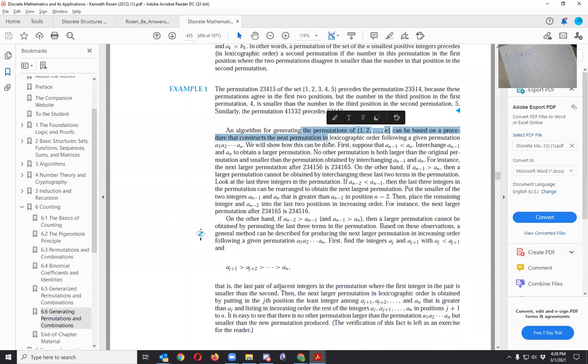Okay. Following a given permutation, suppose we interchange to obtain a larger permutation. No other permutation is both larger than the original permutation and smaller than it. Okay, so 432.